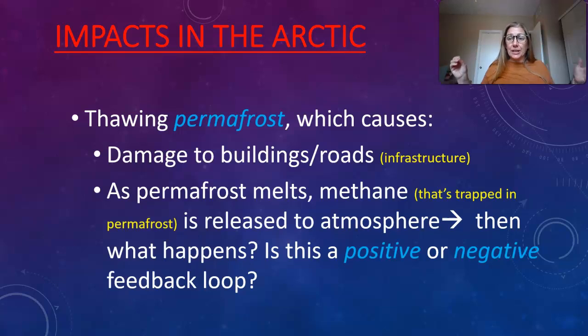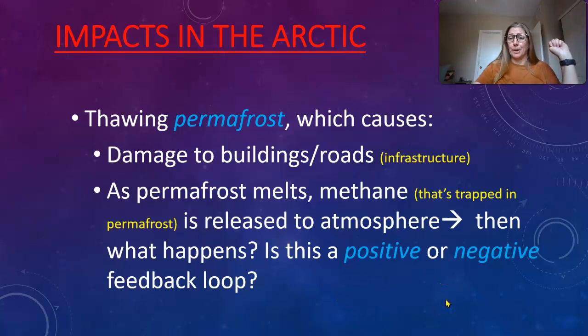And then during the day, let's say you have your blinds open or your curtains open and the sun is shining through the windows at your house and heating the air up in your house, and your house becomes warmer than 74 degrees. Your air conditioning will then click on and cool the house back down to 74. So that is an example of a negative feedback loop, bringing the system back to normal or equilibrium, whatever that was. So back to permafrost in the Arctic.